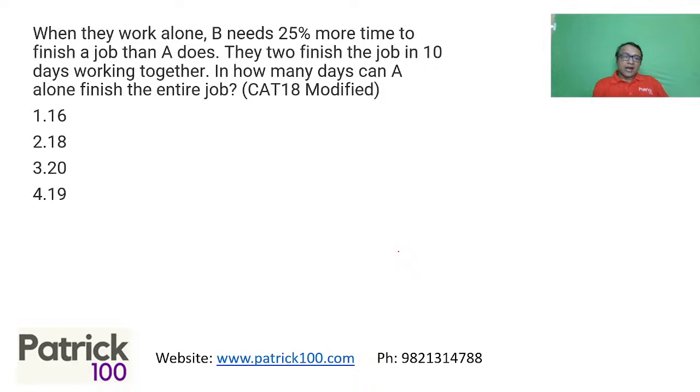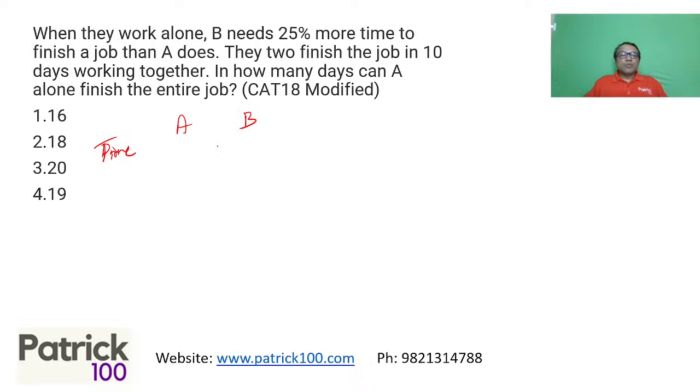This is a CAT modified version question, but yeah, similar type of question. Now here they've given time. B needs 25% more time to finish the job than what A does. If I look at A and B, time taken means days, or you can say time, whichever.